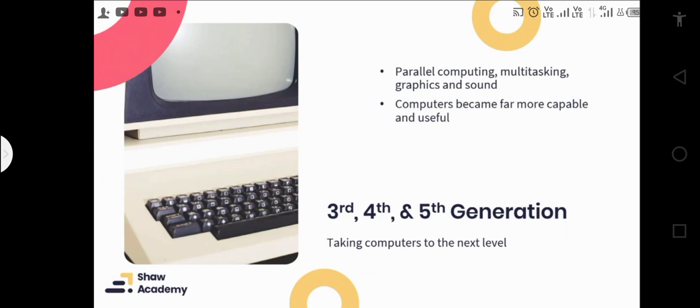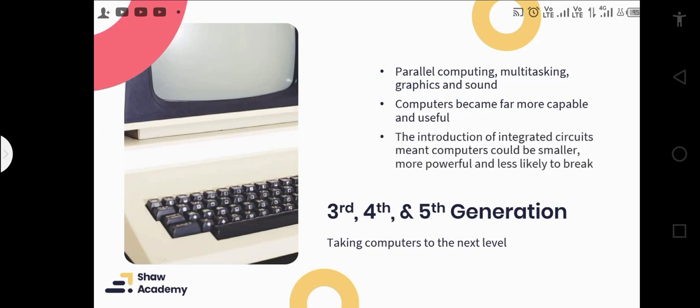This made computers a whole lot more capable and a whole lot more useful to the average person. Programming became a whole lot easier too. Who knew we could go from interconnecting a load of wires to taking a course at Shaw Academy online to learn programming? The applications of computers took off in various directions.